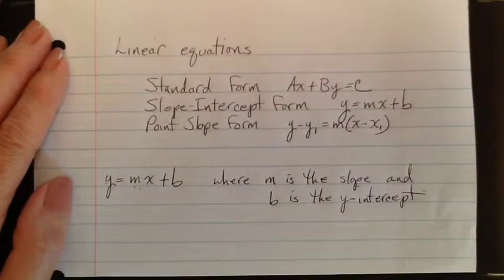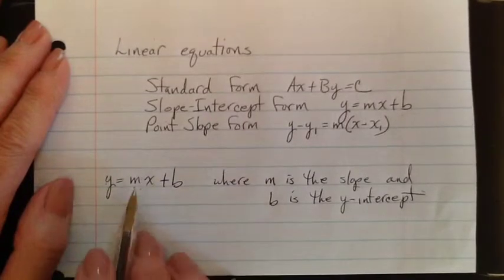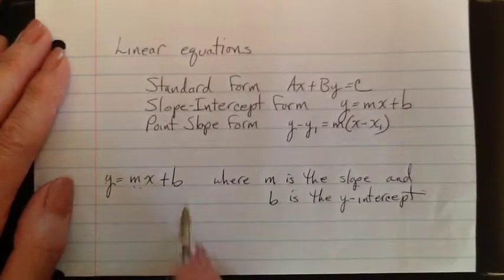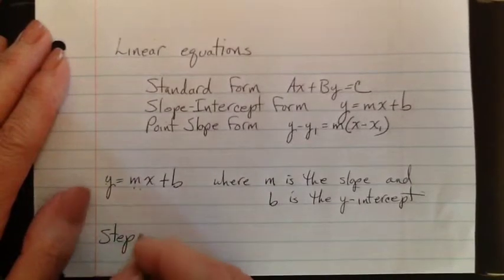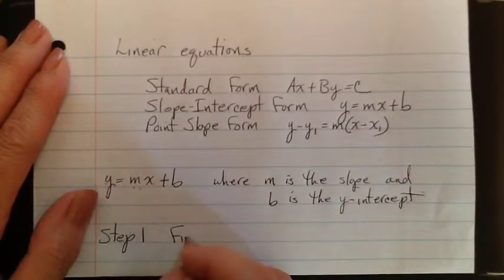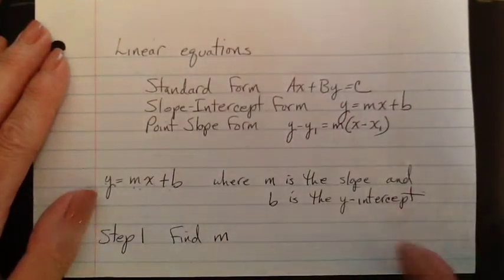All right, so how are we going to write an equation in slope-intercept form? Well, I just said we need to replace the m and the b. So step one, find or calculate m. Maybe you're lucky and it's given.